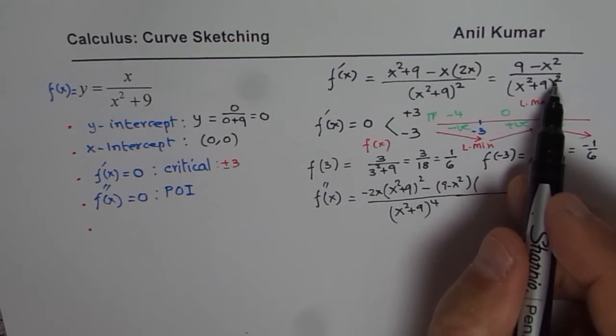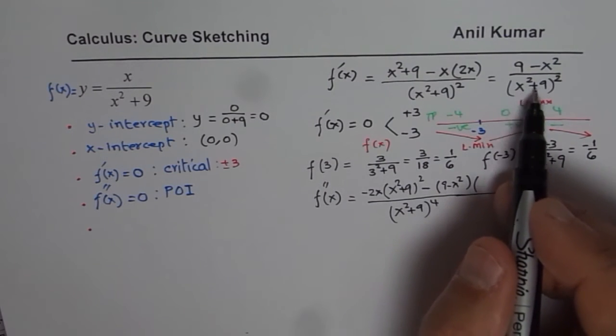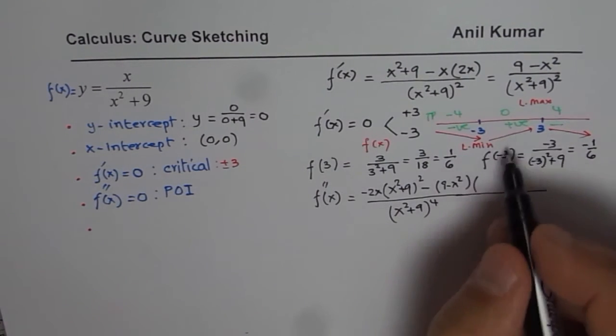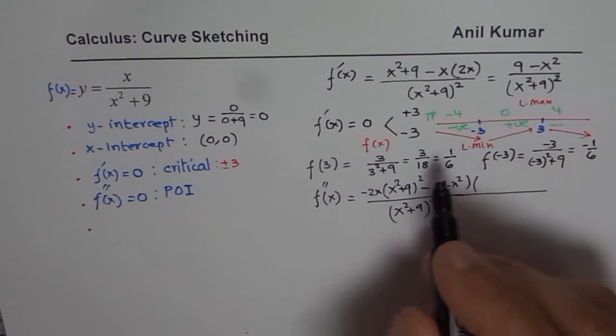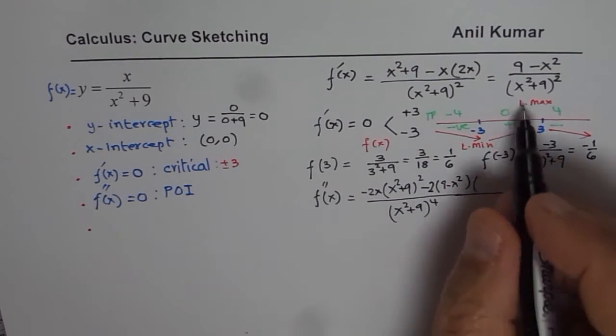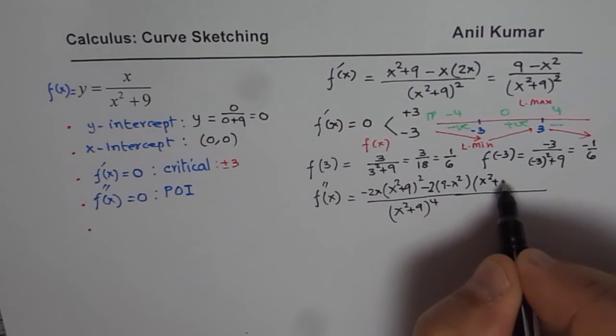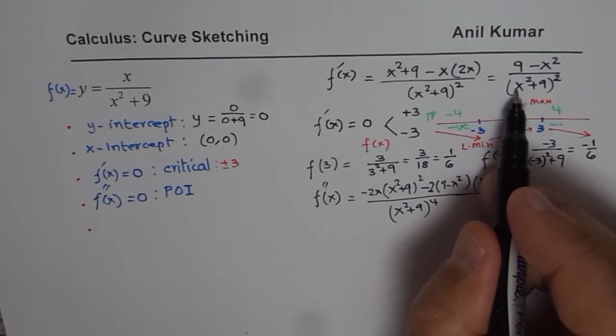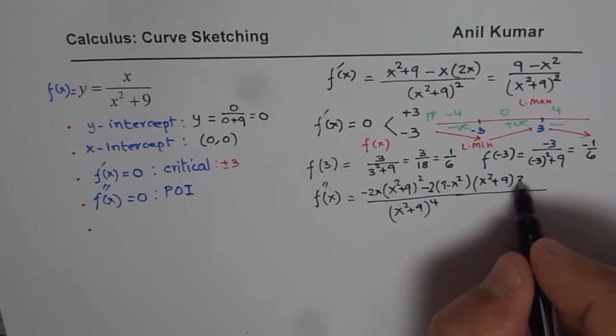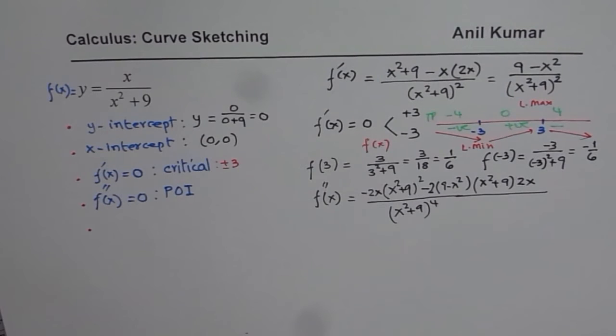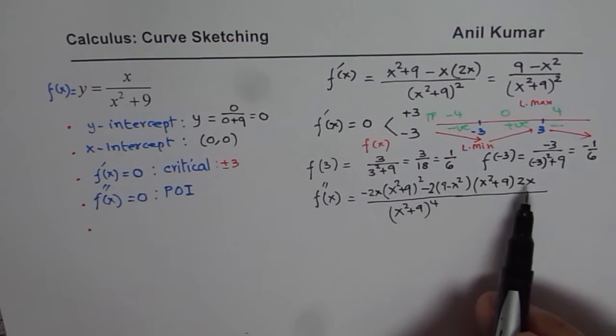The denominator will be 2 times all this. So let me write the numbers later: 2 times x square plus 9 times the derivative of x square, which is 2x. So that becomes the derivative for the given function, right?